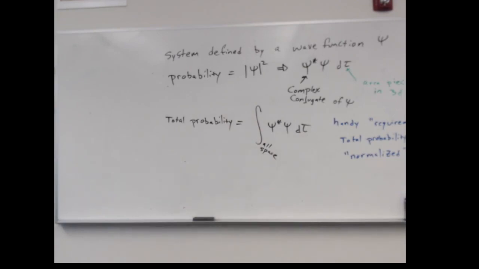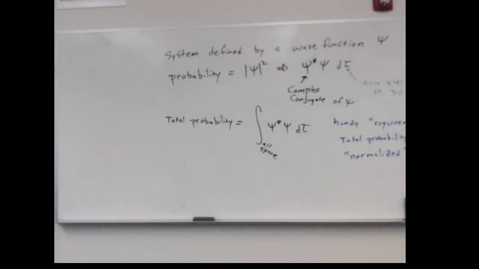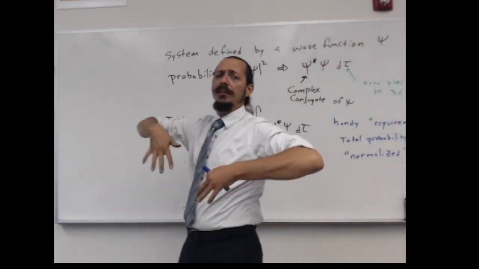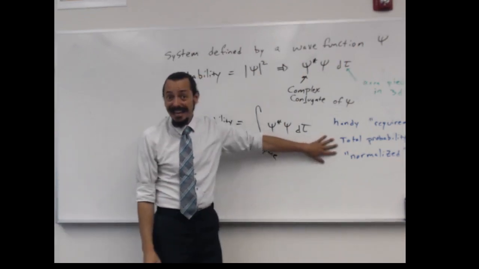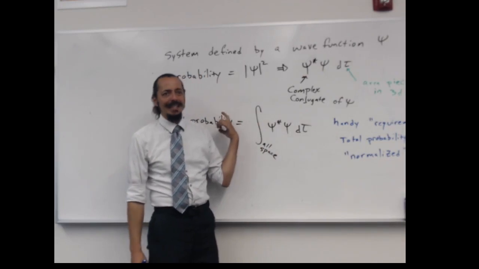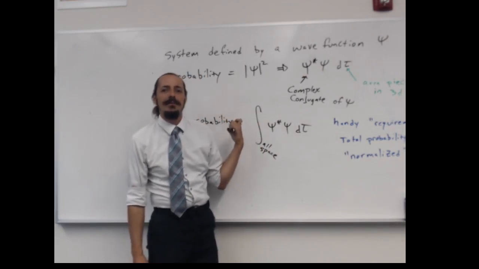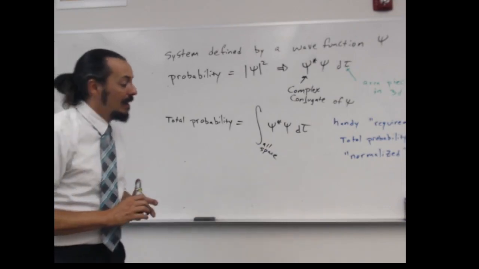Probability is nice if the total is 1, that's like 100%. When we originally determined wave functions, they could have all kinds of random values associated with them. We come up with some normalization constant to guarantee that our total probability is equal to 1. And we'll have some particular examples we can look at.